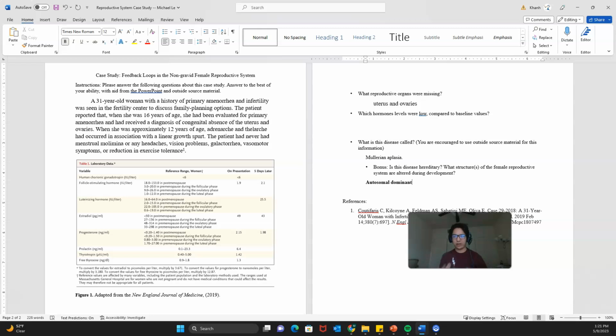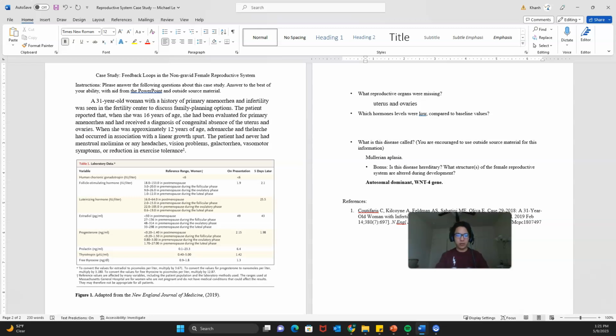Girls obviously can't inherit it from their mothers because women with this disorder are unlikely or unable to have children, as seen in this case study. It's autosomal dominant, and it's a result of a mutation in the WNT4 gene.